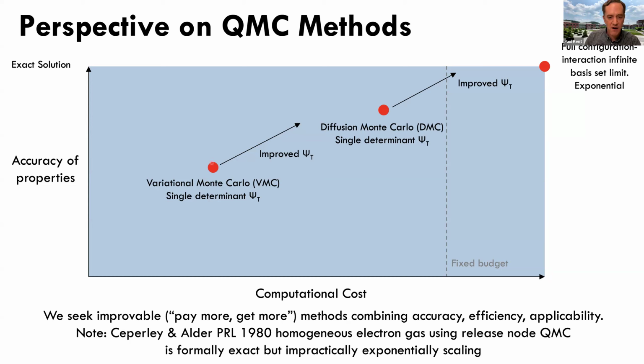So let's look first at variational Monte Carlo. And this starting point is for a single determinant trial wave function. So where the fermionic part of the trial wave function is just a single determinant. That's the simplest wave function that satisfies the symmetry conditions, but still nevertheless, a very good starting point for research calculations.